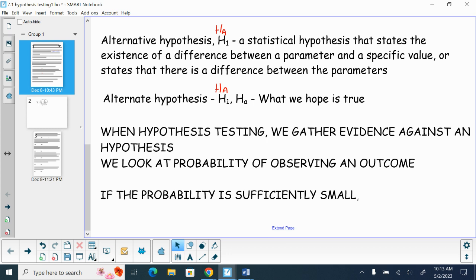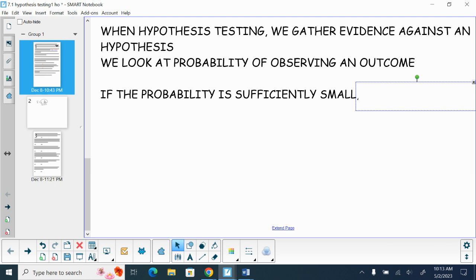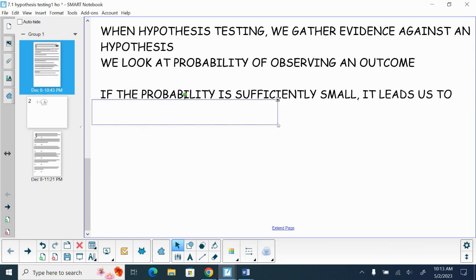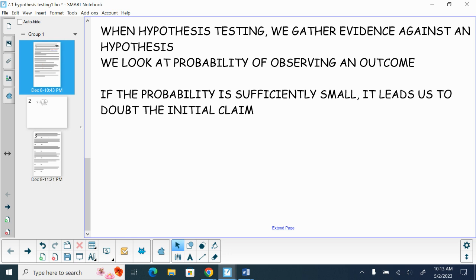And we will utilize that. If the probability is significantly small, that leads us to doubt the initial claim, that null hypothesis.